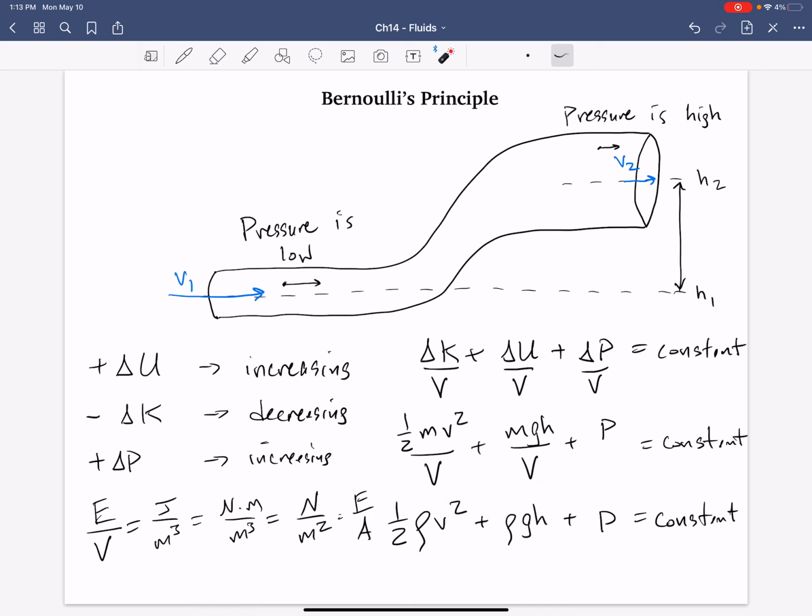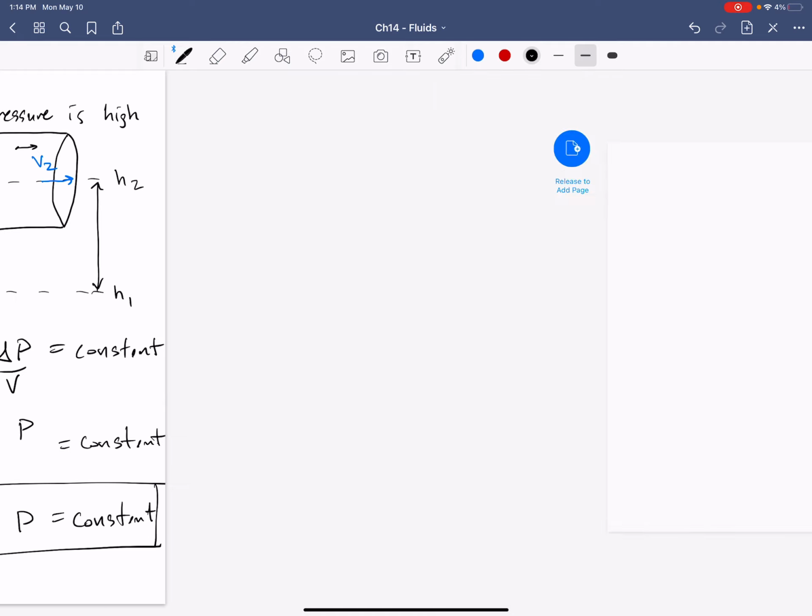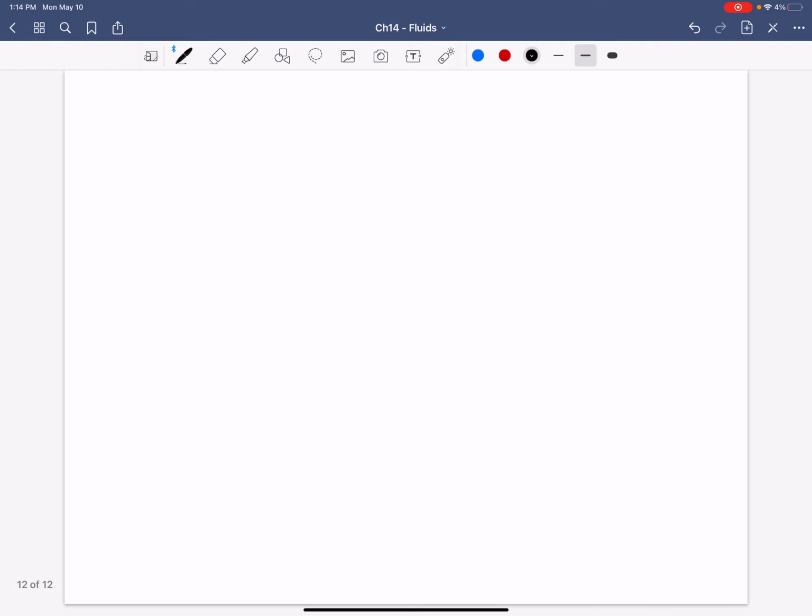So another way to think of Bernoulli's principle and Bernoulli's equation, which by the way is this right here, is it's simply a conservation of energy written in terms of pressure. And one last way, if you want to expand this out, you can do all of this for initial and final.